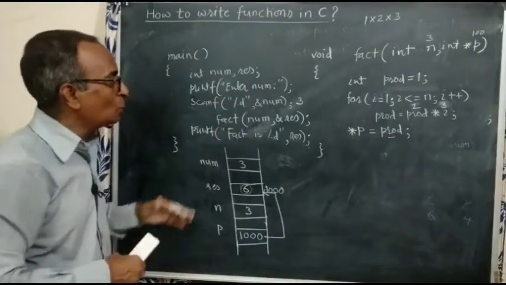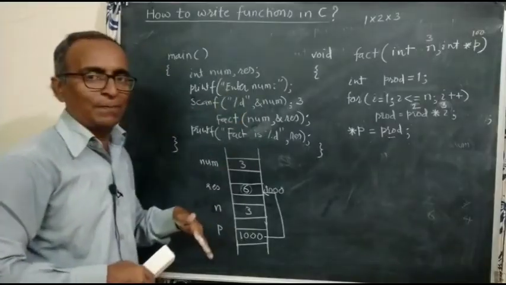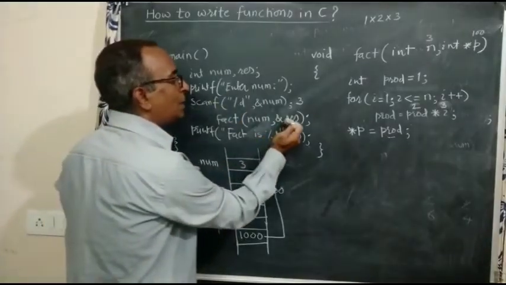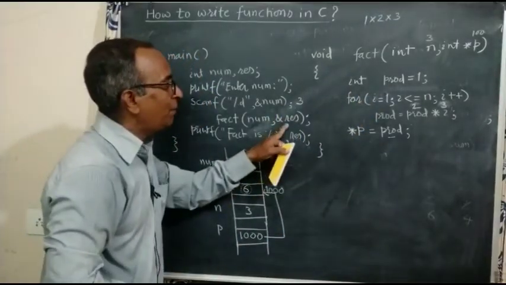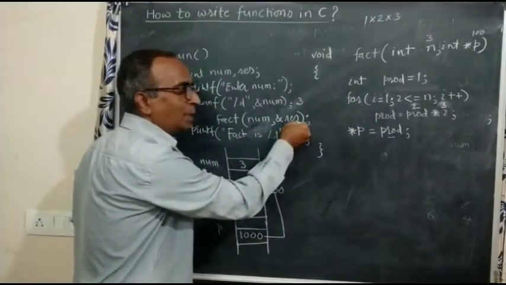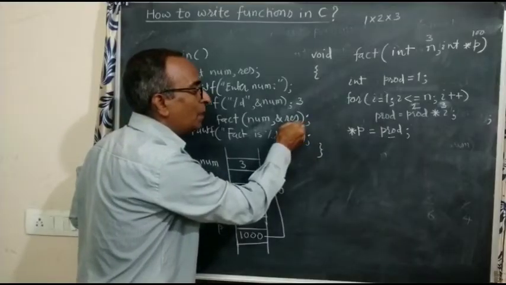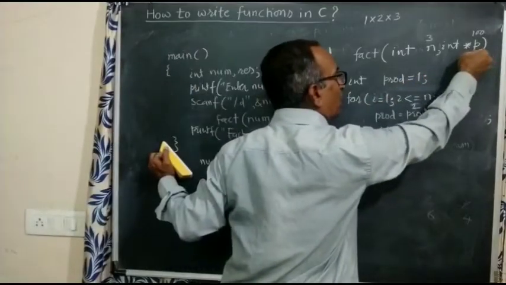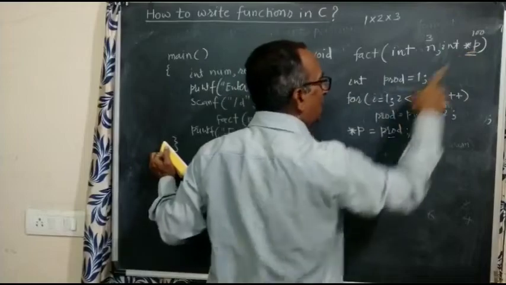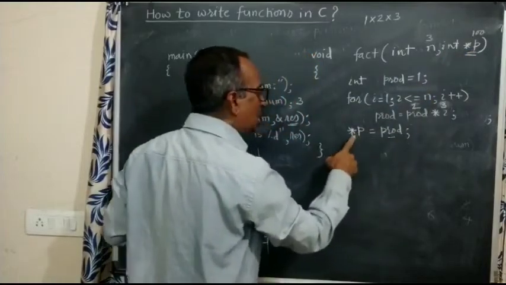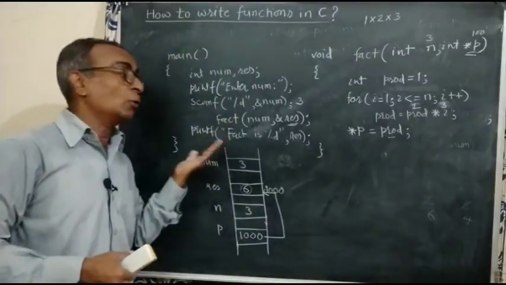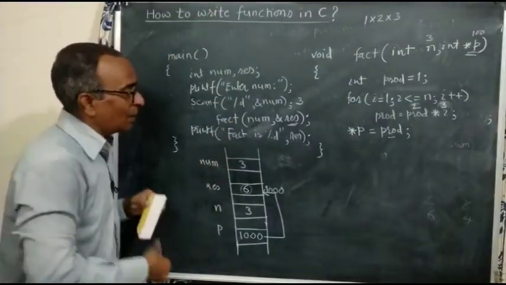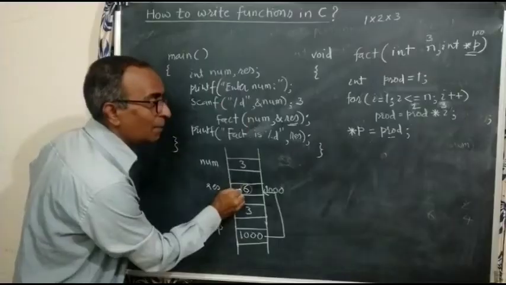Implicitly, through the pointer, you are accessing the variable of main. So when you send by reference, whatever change you make through P, because you are passing this address, is reflected back in the caller also. This function is accessing result.